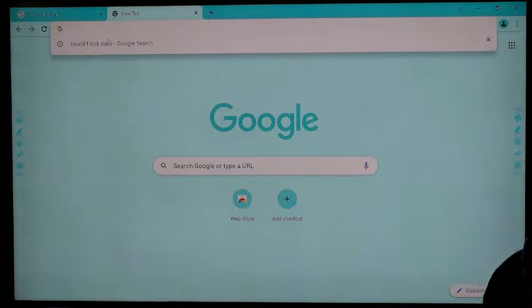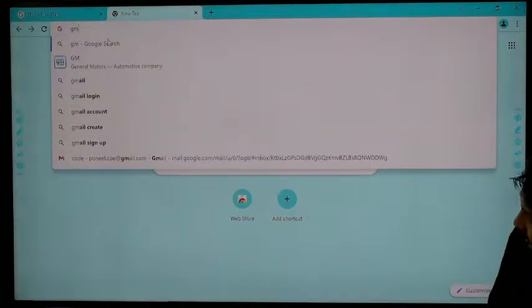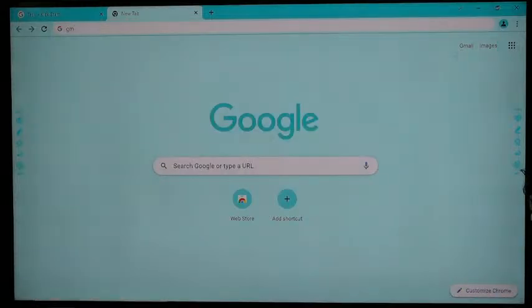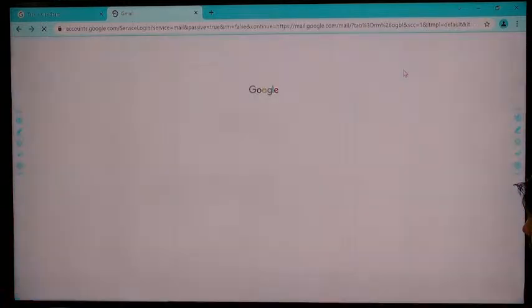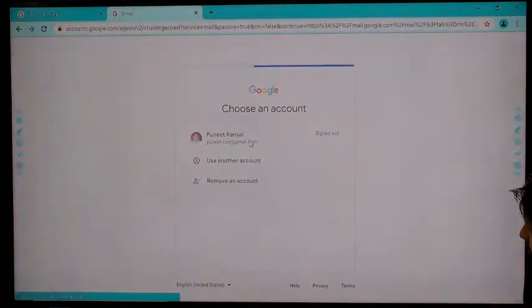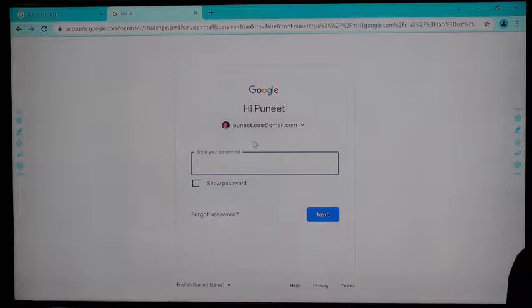Actually, that code is also available on my ID. Let me check out there.